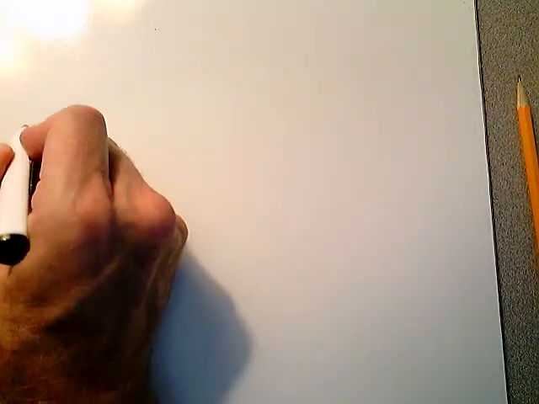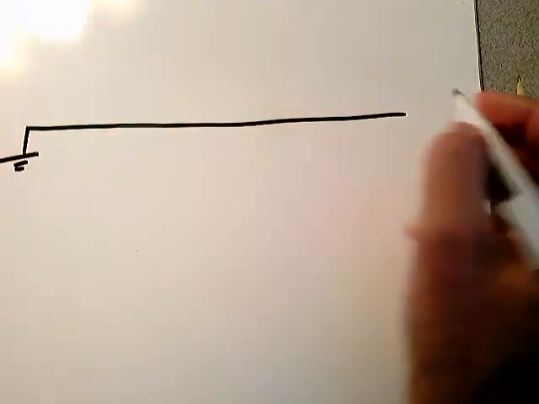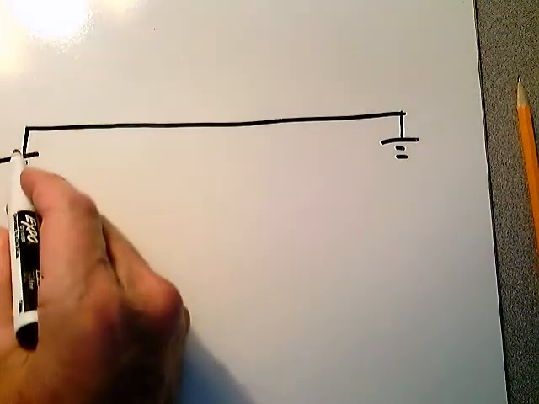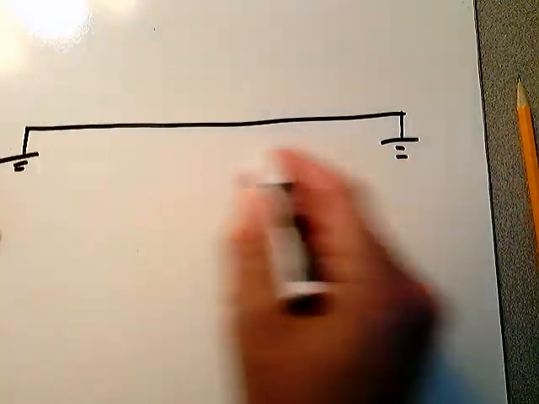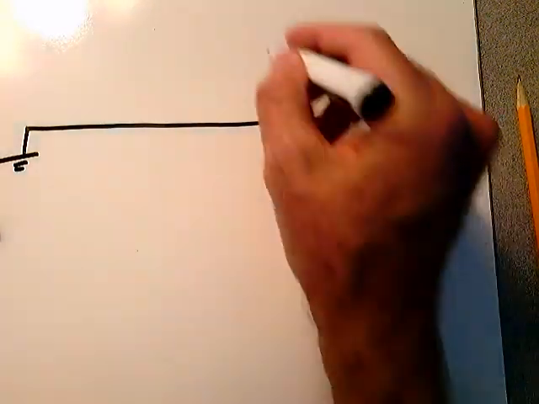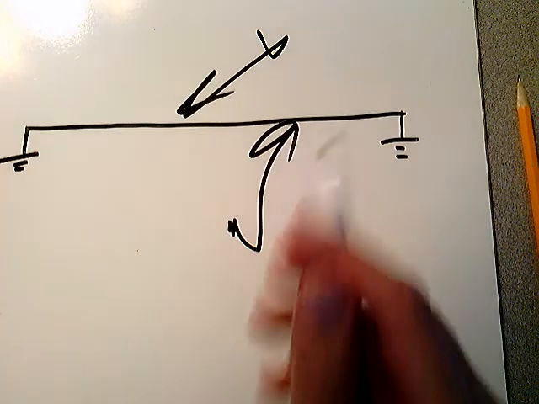If you stretch a wire across the room or across any open space, as long as it's conductive, it can't be fiber optic cable, it has to be metal, copper or aluminum, there's electromagnetic interference that bombards that wire.